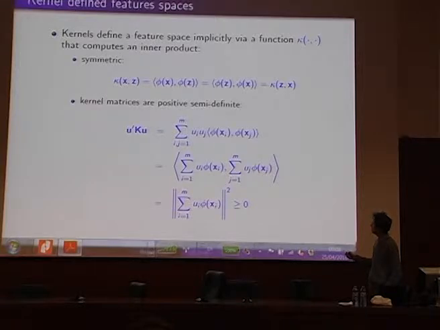Rather than actually computing these, I'm going to make do with this function that computes an inner product between those two sets of features. I now have to convert all my algorithms to work with this inner product function rather than with the explicit feature representation. And that's essentially what kernel methods are doing in a nutshell.